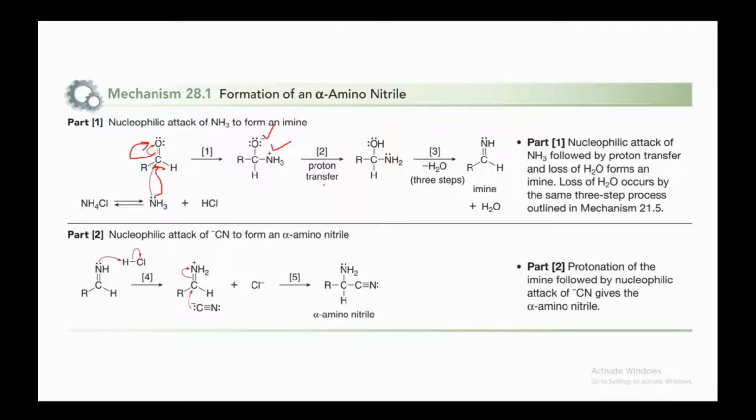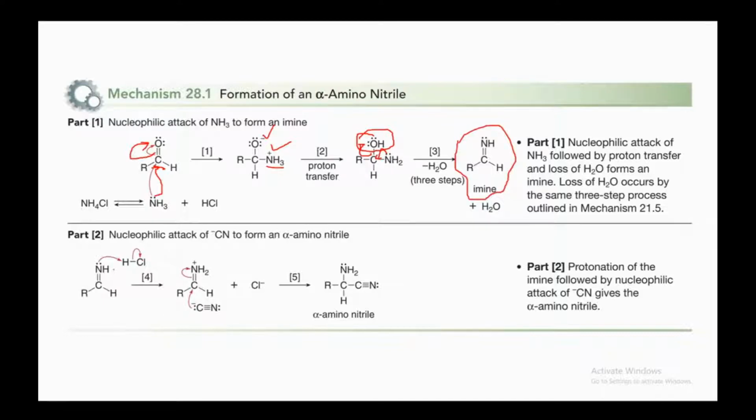In the next step, proton transfer takes place from NH3 and it becomes NH2, and in the last step the OH group is removed, this bond reverts back and the OH group leaves as water. So we get the imine formation, like a Schiff base formation.